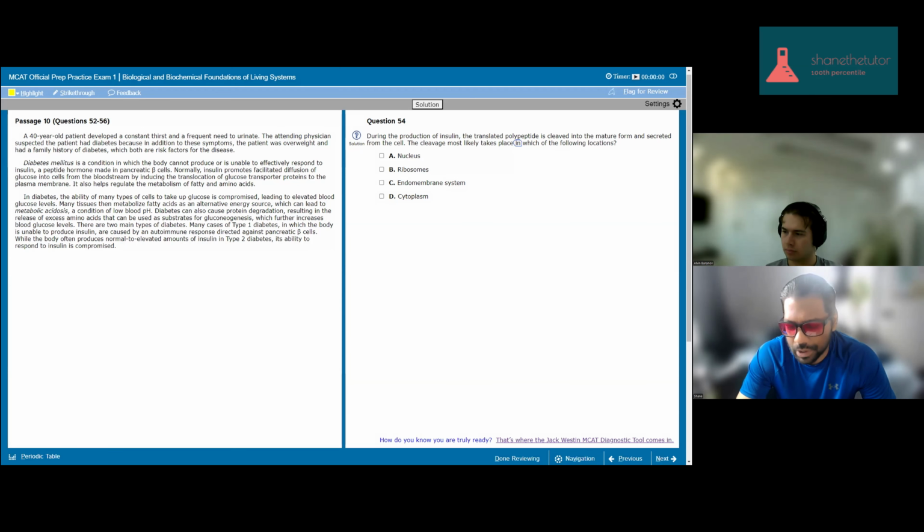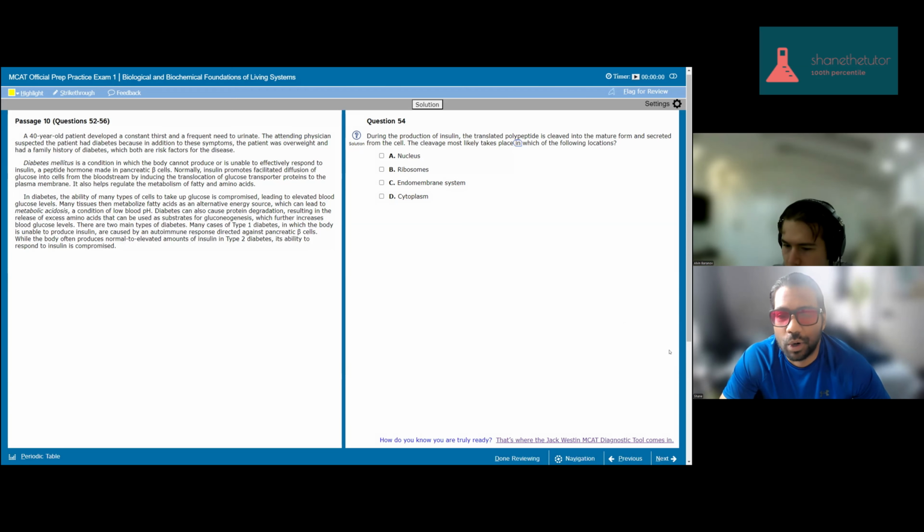Another way to see it: what's the difference between a prokaryote and a eukaryote? Prokaryotes don't have the organelles. Oh, so prokaryotes won't have membrane-bound organelles. Right? Out of these four, which do they have?